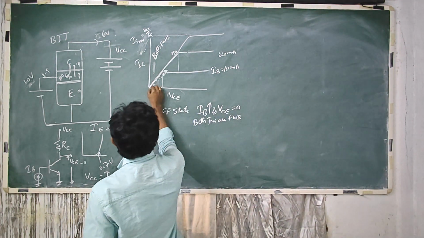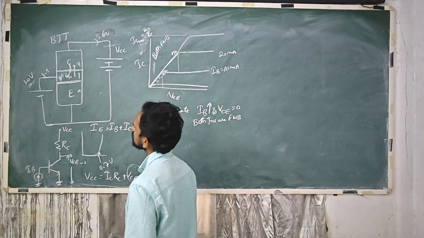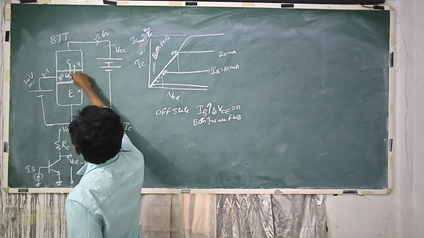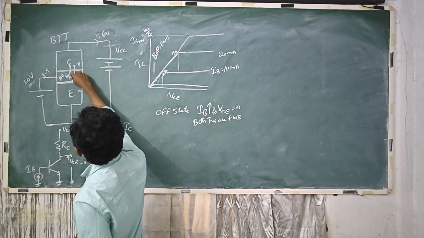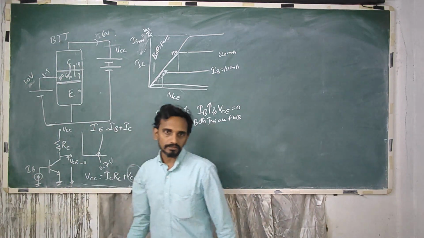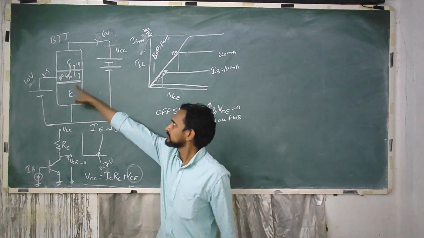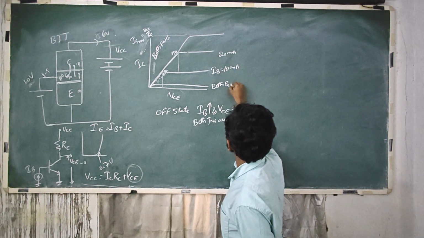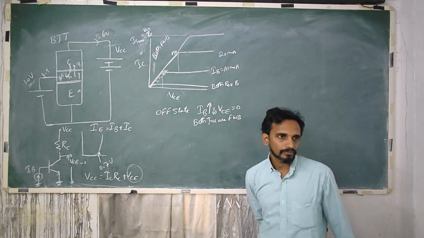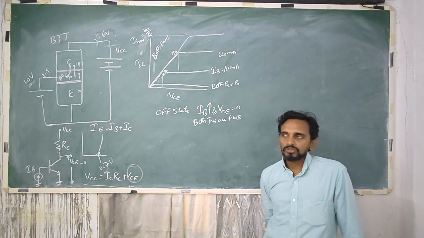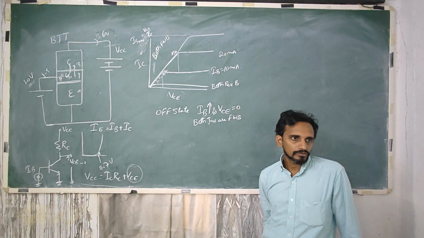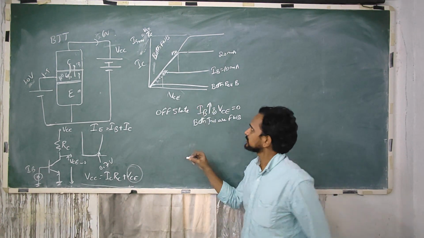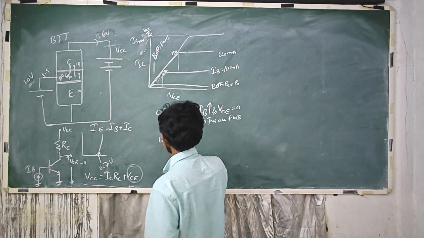If IB is 0, both the junctions are reverse biased in this case. Even the input junction is reverse biased. So both are reverse biased. No current flows through the circuit. IC becomes 0 and that is called the on state.